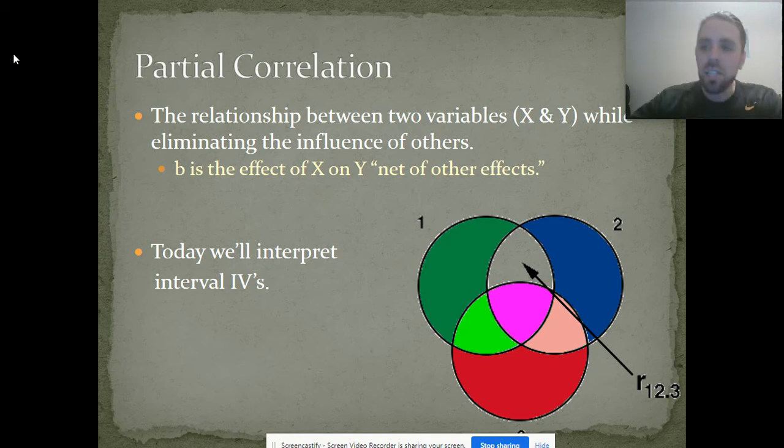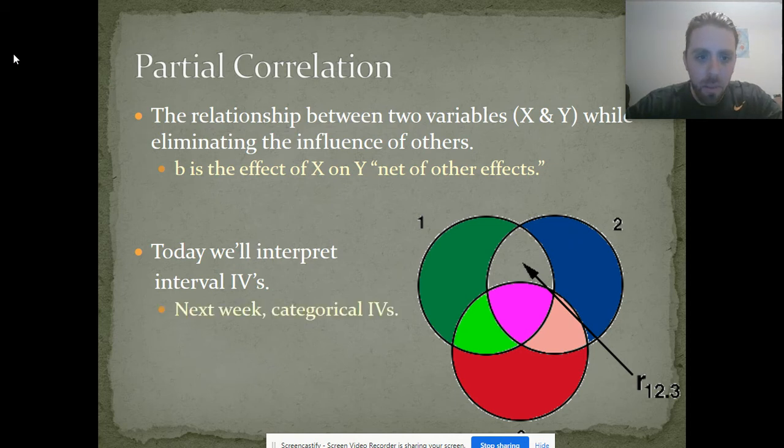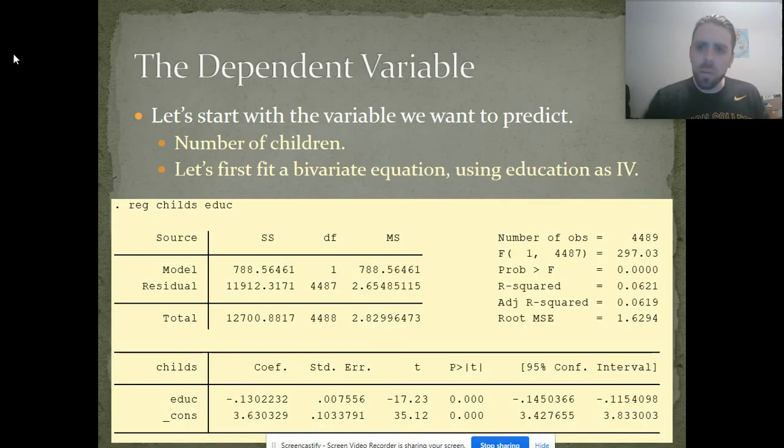And the goal today is to interpret interval level independent variables. Okay? Next week, categorical. We'll look at nominal/ordinal variables next week, using the same logic, though. The interpretation will change depending on what X is. But this is very cool because we can include anything we want as an independent variable here. Anything we want. The only condition here is that your dependent variable must be interval.